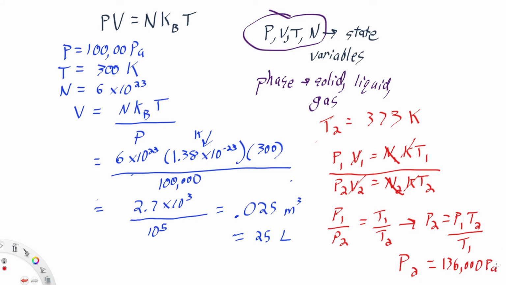All right. So by heating the gas up to boiling water temperature, you go from 100,000 pascals to 136,000 pascals. It's about a 30% increase in pressure.